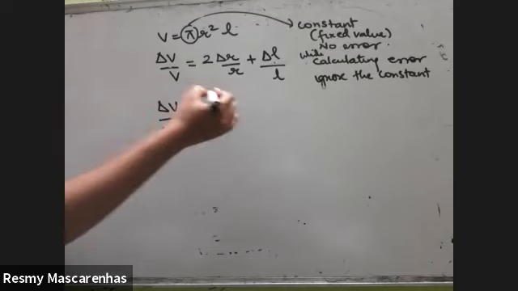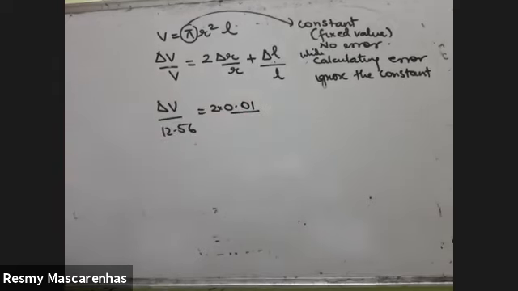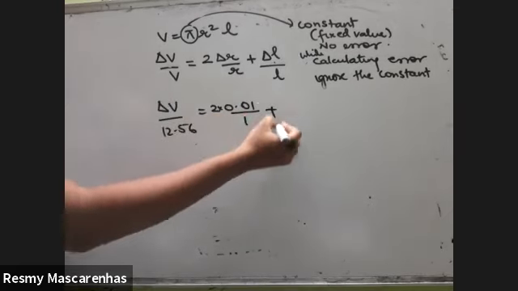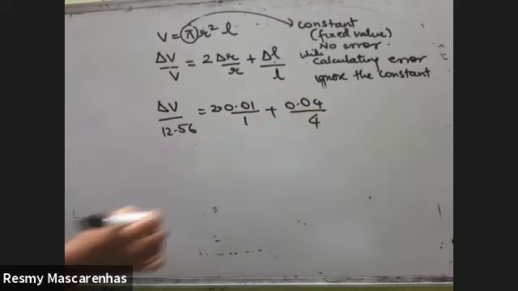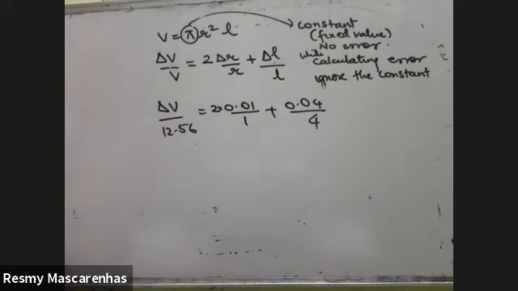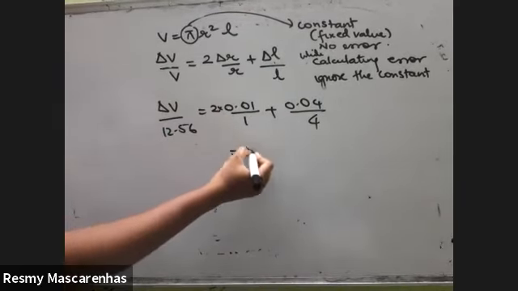Delta R is 0.01 upon 1 plus 0.04 upon 4. And then this will give you 0.02.